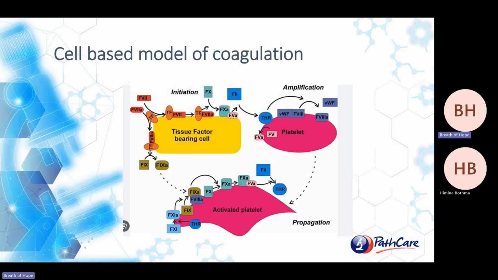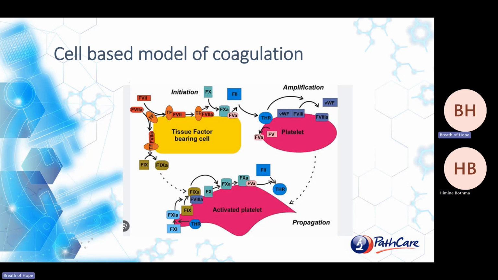So how coagulation actually works in the body is a cell-based model. It's called a cell-based model because each step takes place on the surface of a cell. So it starts off with a tissue factor bearing cell, which is usually your broken endothelial cell. So that's the first surface, and your initiation of coagulation occurs on that tissue factor cell.